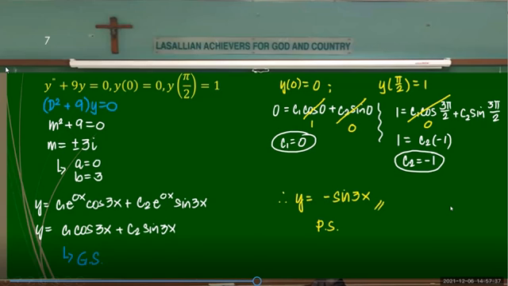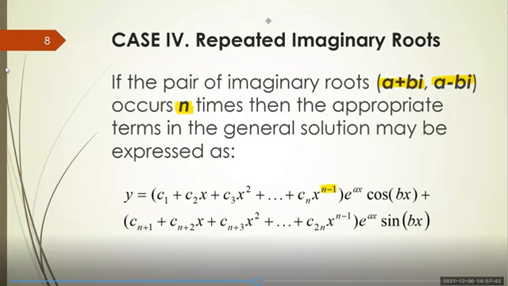Okay, let's go to the next. For the fourth case, repeated imaginary roots. If the pair of imaginary roots a plus bi, a minus bi occurs n times, then the appropriate terms in the general solution may be expressed as C1, C2, C3, and so on until Cn.